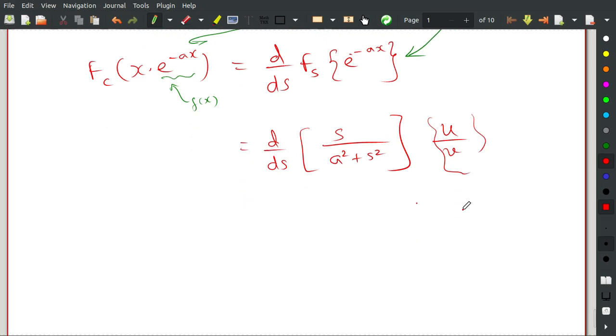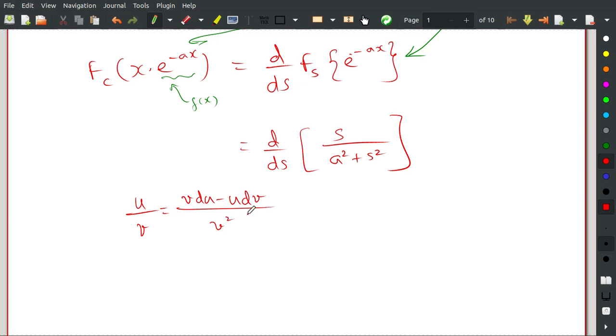So, it states that d(u/v) equals (v du − u dv) / v², so here we have to use the u by v formula. u by v equals v du minus u dv, divided by v square.